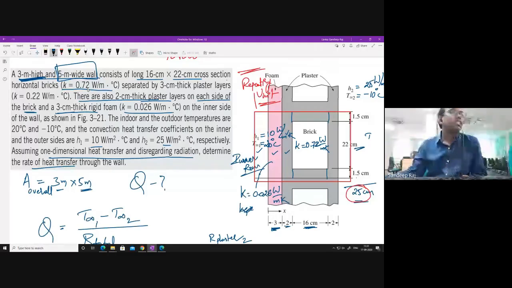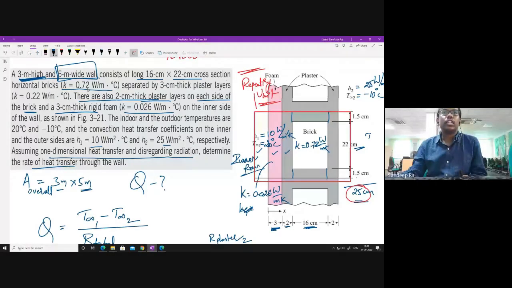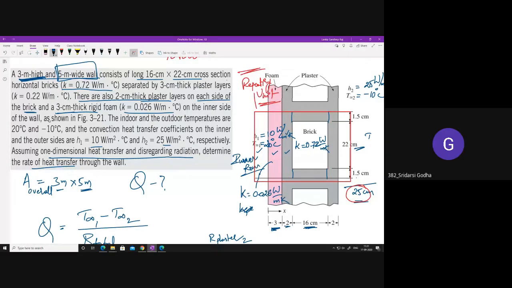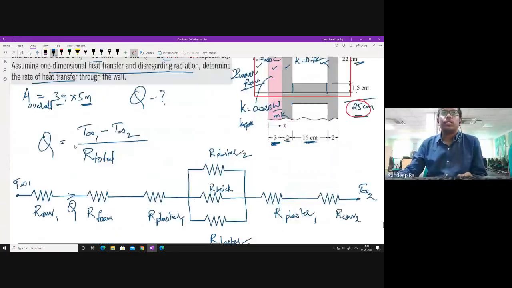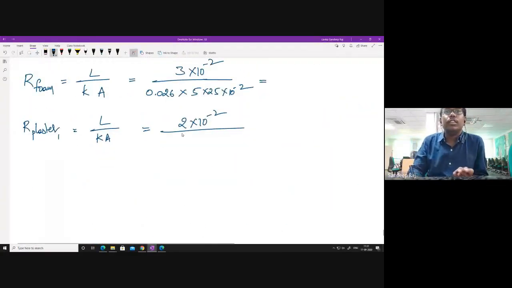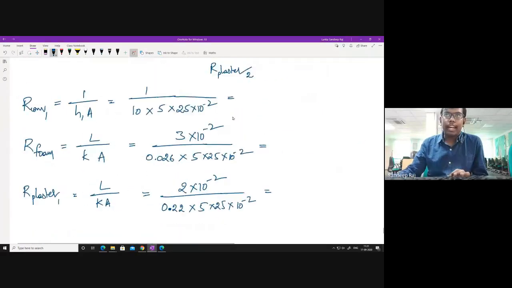Let me check this. 0.22, it is given in the question. Yes, very good. It is 0.22. So the K value of the plaster is 0.22, into the area. Area remains the same in this case, 5 into 25 into 10 to the power of minus 2. Then after R plaster 1, you have to go for R plaster 2.